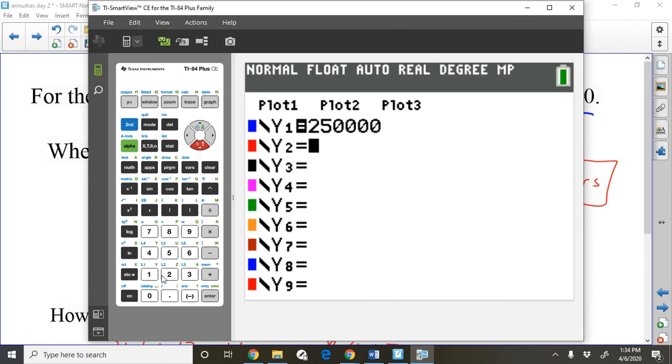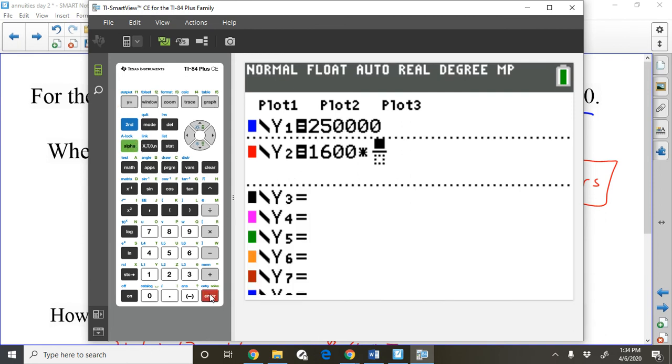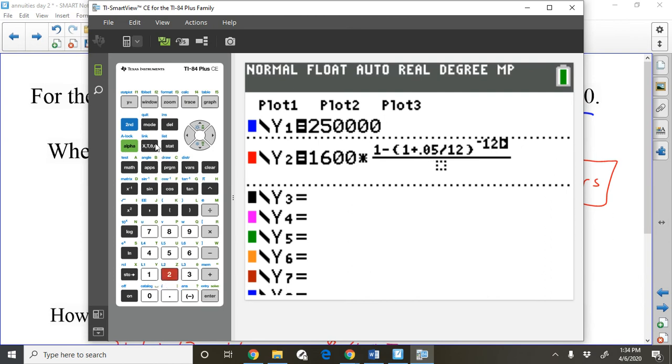So our monthly payment was $1,600, and you need a multiplication sign before you put the fraction in most of these calculators. I would just do it if you're having any difficulty. That could probably solve it. 1 minus 1 plus 0.05 over 12 raised to the negative 12x. X is our number of years, and in our denominator we have 0.05 over 12.